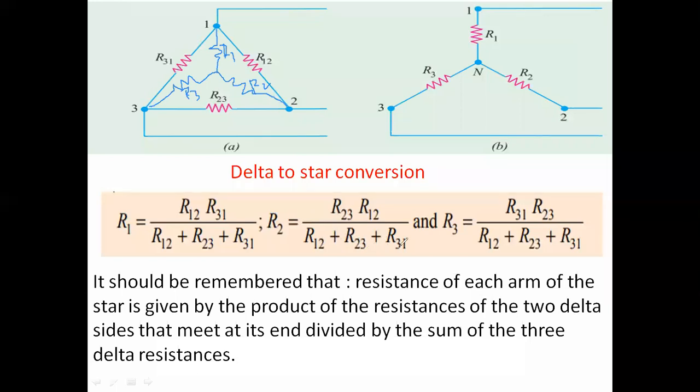Similarly, R3 is connected between R31 and R23, so R3 is R31 into R23 divided by R12 plus R23 plus R31. Like this we can find the R1, R2, R3 resistors of the star network, and change this delta network to a star network.